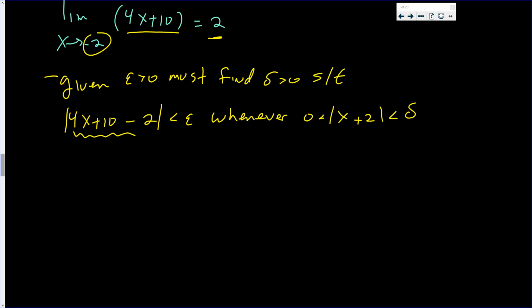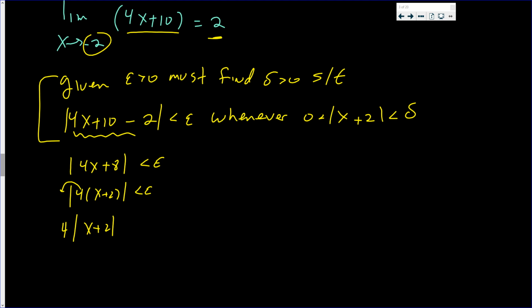You need to memorize this. Understanding it will be better. But once you have that, then you have 4x plus 8 less than epsilon. Then you can factor out the 4. 4 times x plus 2 is less than epsilon.